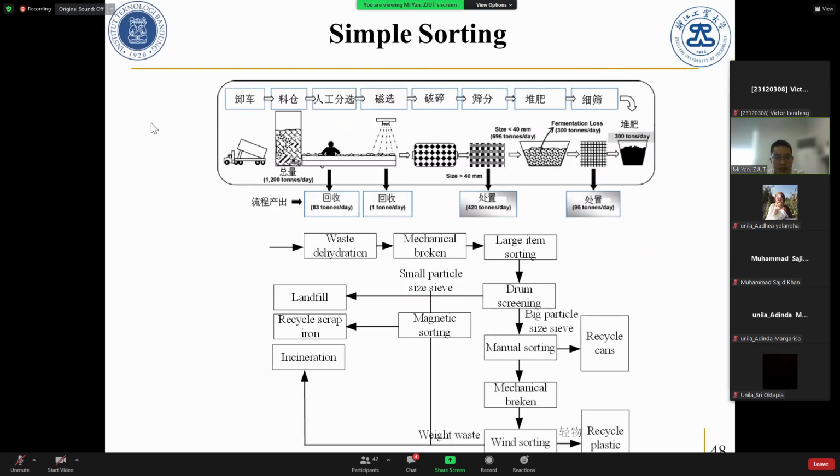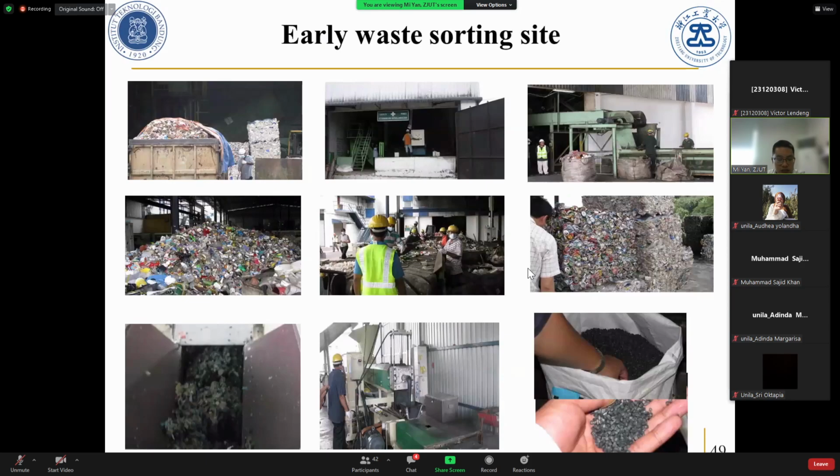This is just some simple, earlier mechanical sorting. First the dumping hole, the manual separator, the magnet, magnetic sorting, and the shredding and the screen, or sometimes composting, but usually after the screen they burn it. A simple method.